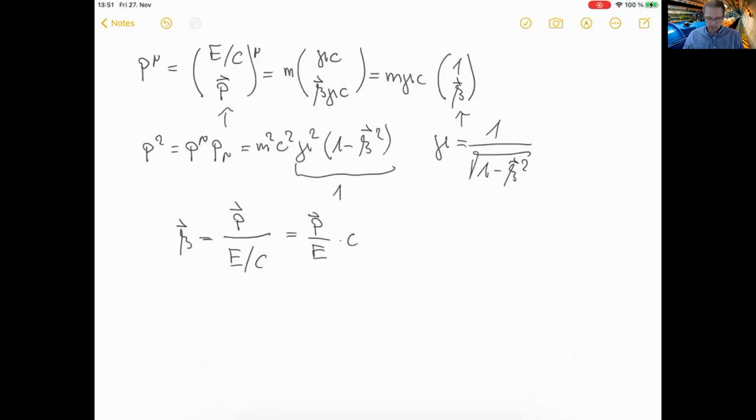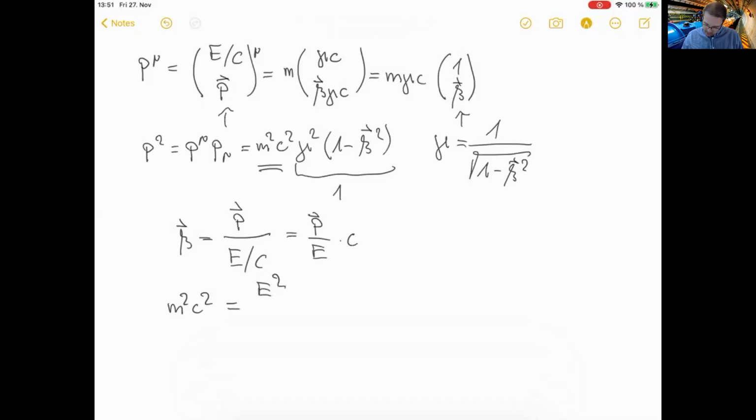We can also calculate the four momentum invariant mass, m squared c squared, by looking at the first way again to write it.